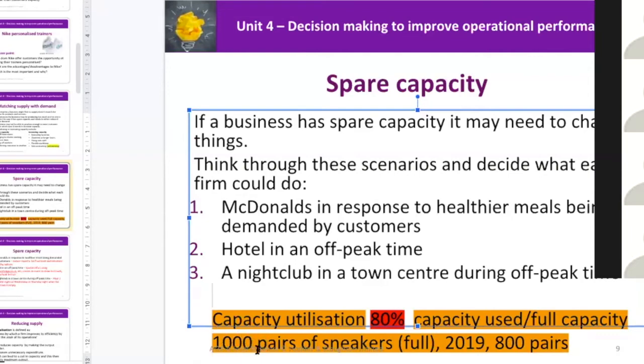Did you get the concept now? Okay, now let me tell you another number. 20% is the spare capacity, which we haven't used. Very simple, 100% minus 80%.